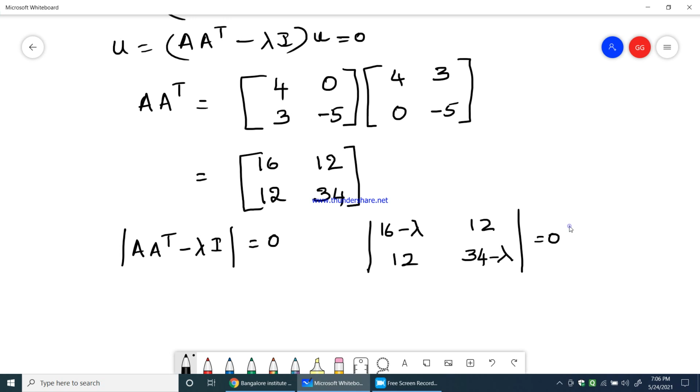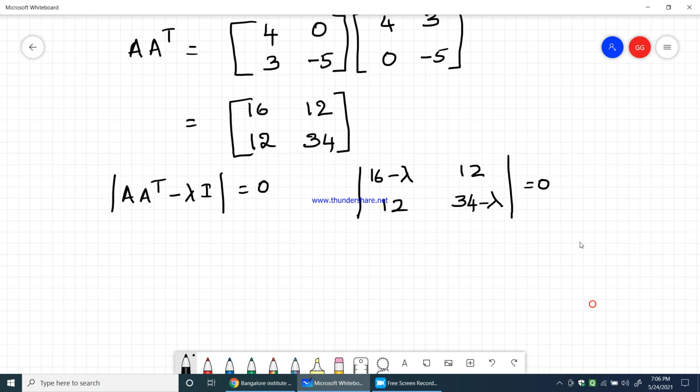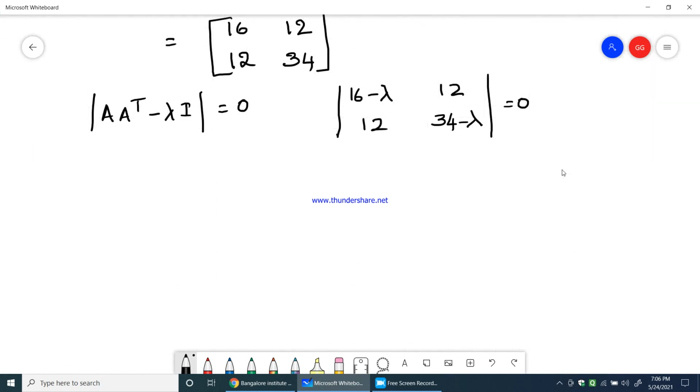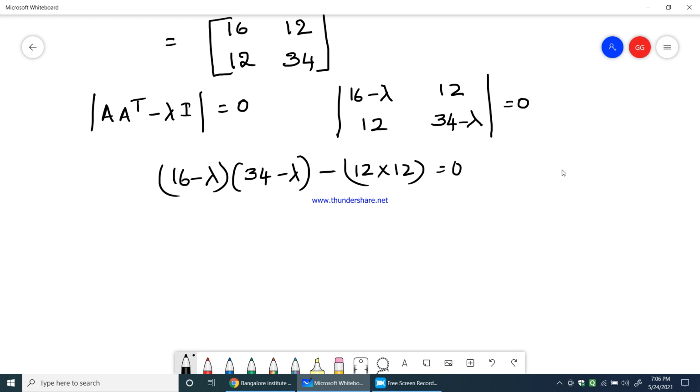The solution for this is 16 minus lambda into 34 minus lambda, minus 12 into 12, which is equal to 0.